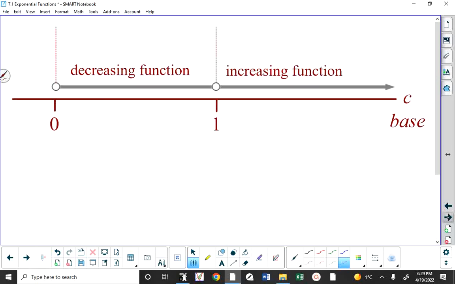So now if you go back to that graphic again and you take a look at the meaning of c, if c is between 0 and 1, it's a decreasing function. If c is between 1 and infinity, in other words, it's greater than 1, it's an increasing function. We can call those exponential decay and exponential growth, respectively.